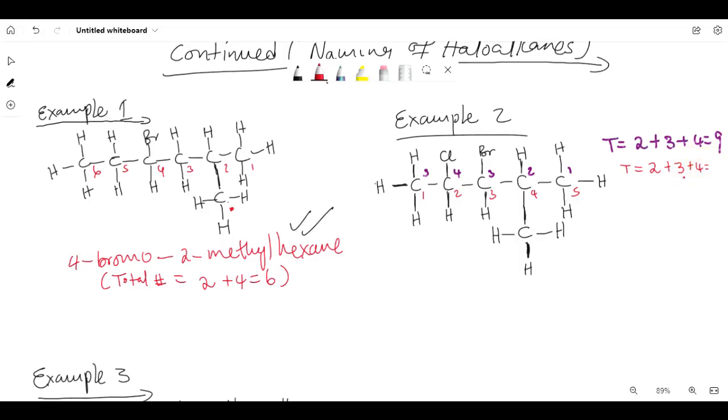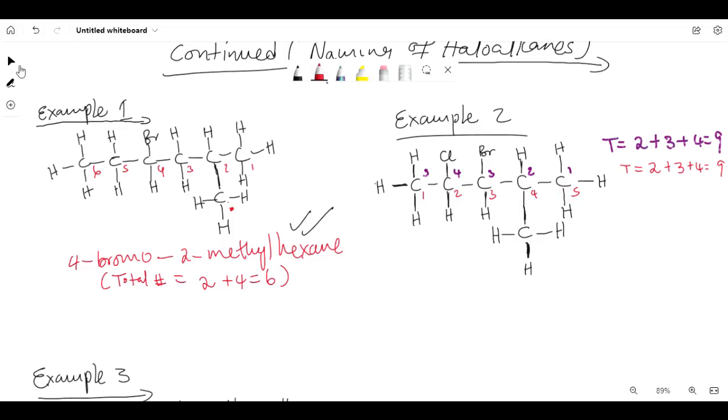Here I have 9. It's still 9. So we have a scenario where numbering from each end gives us the same total. So what do we do?